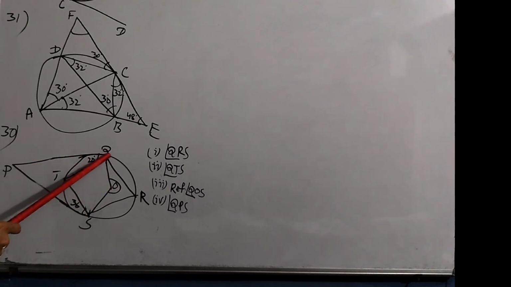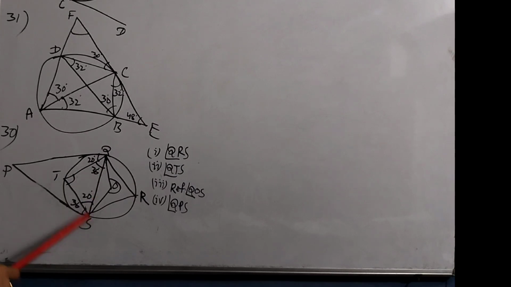Now QT is the chord and PQ is the tangent. So the alternate segment angle is from PQT. First join the QS. From QT the subtended angle is QST, that is 20 degrees, the alternate segment angle, and from ST the subtended angle is SQT, that is 36 degrees.